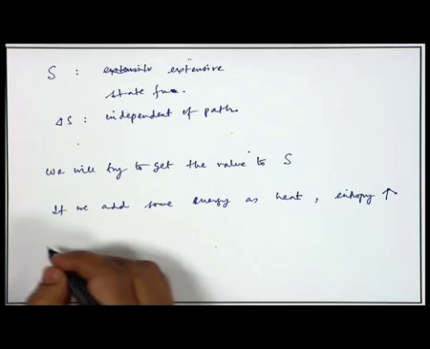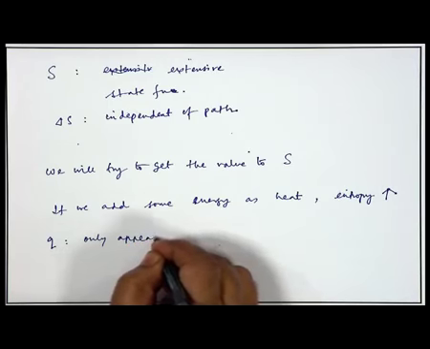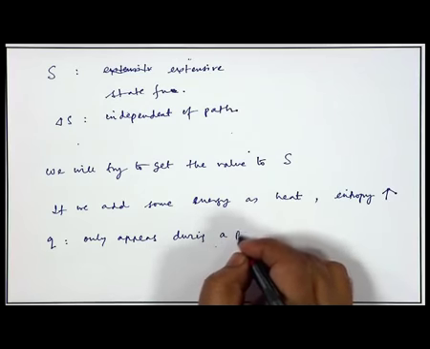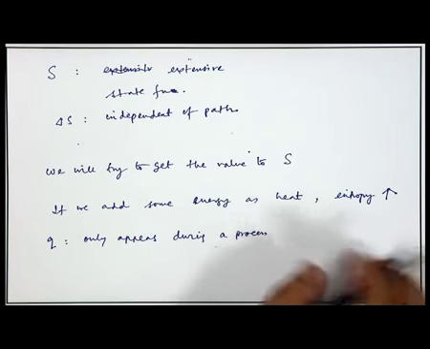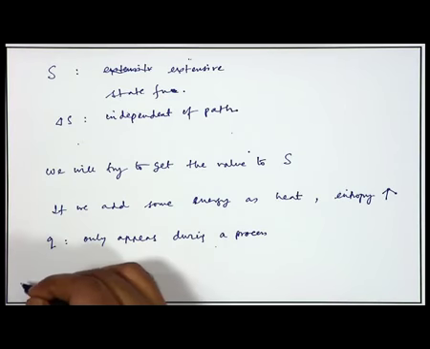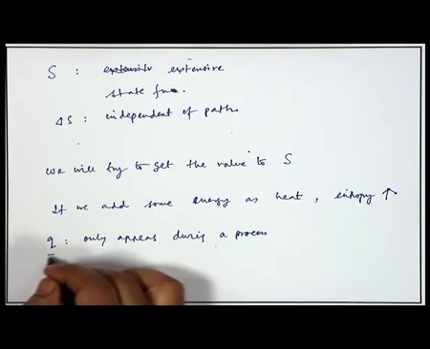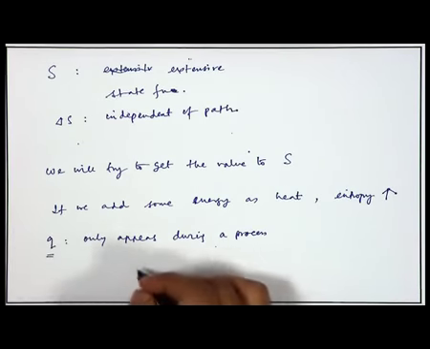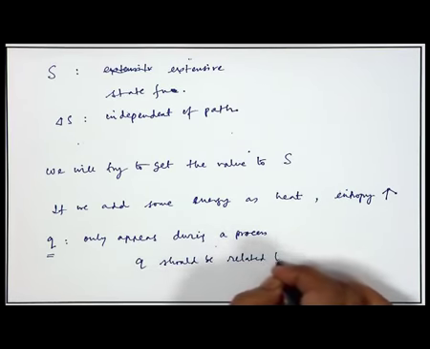Now, we know that Q only appears during a process, meaning if I bring a system and surroundings, or two objects of different temperature, then heat exchange happens, and the magnitude of heat exchange we call Q. If there is no process going on, we do not bring this quantity Q, which means Q should be related to change in entropy.